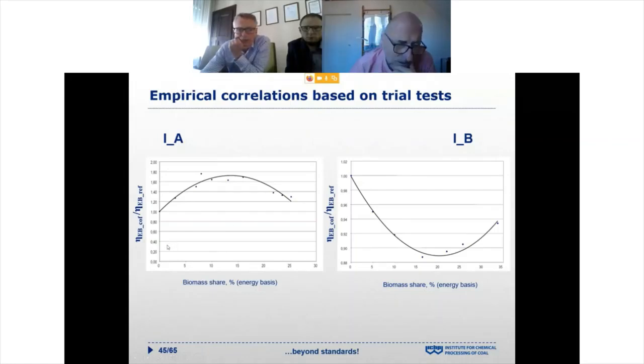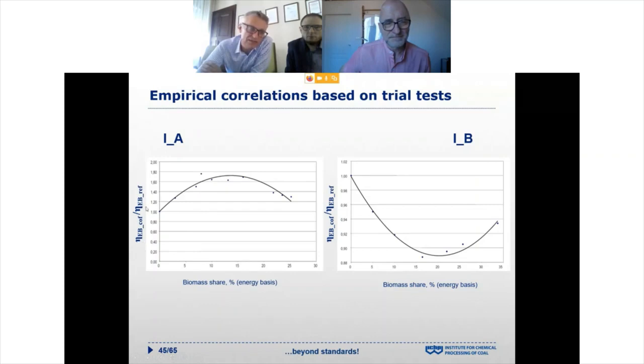So it means that, for example, for burning coal, when we have a 15% share of the biomass, we can expect that the efficiency of the boiler will rise by 80%. That's the efficiency of the co-firing, and that's the efficiency when we combust only coal.